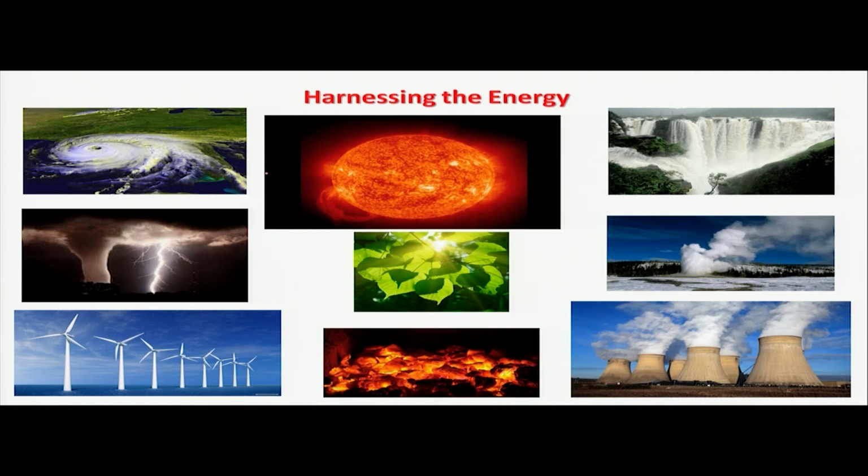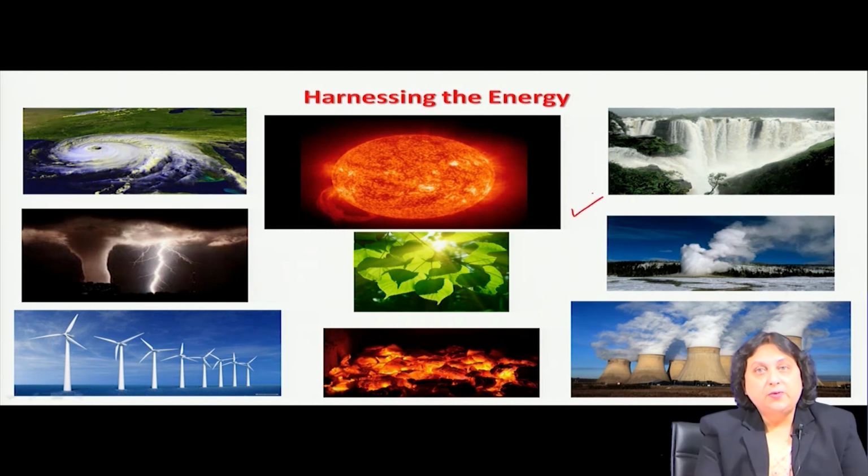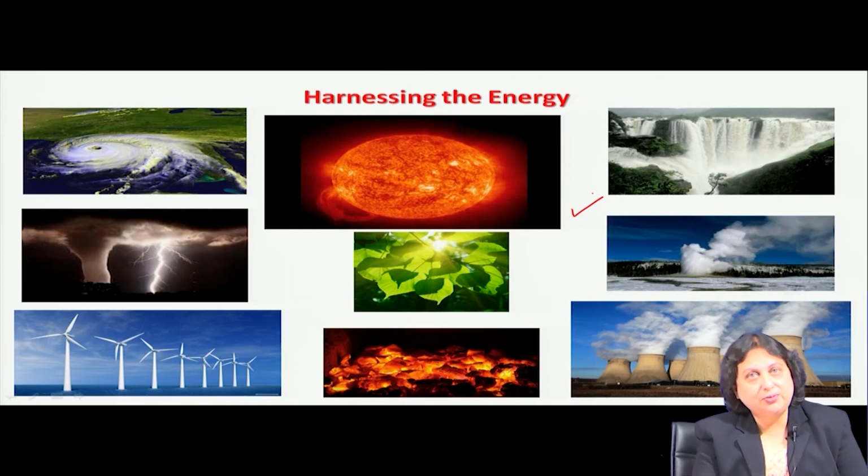There are many alternative sources of energy all around us. For example, the biggest source of energy is our sun. And we can use solar energy to the best of our capability if only we had the best machine to do that.